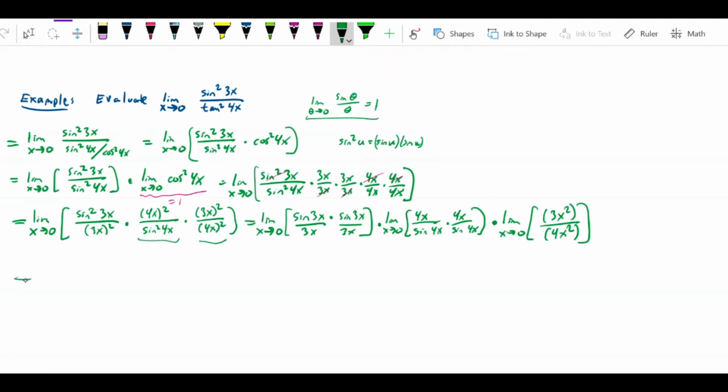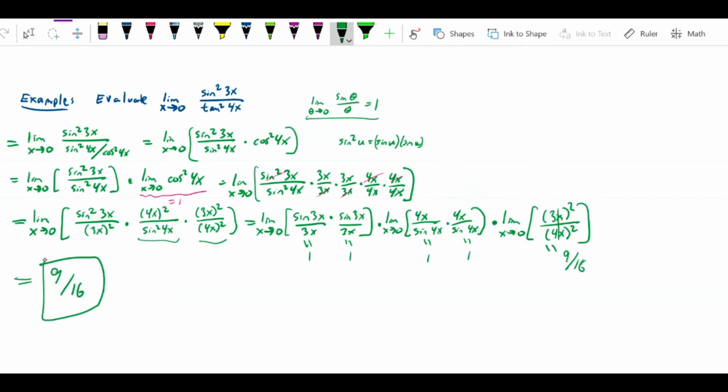All right, so now we know that this limit is equal to 1, this limit is equal to 1, this limit is equal to 1, this limit is equal to 1, and this limit here, once we clear out the x squareds, the squared should have gone on the outside. Once I clear out the x's, what I have left are 3 squared and 4 squared, so that's going to be 9 over 16. So the answer here is, in fact, 9 over 16.